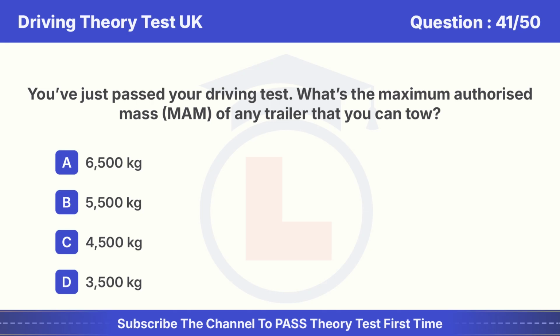Question 41. You've just passed your driving test. What's the maximum authorized mass, MAM, of any trailer that you can tow? Answer is D. 3,500 kilograms.